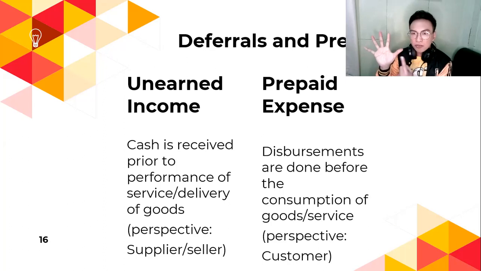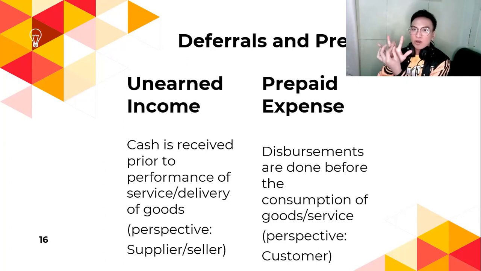Or nakapag-perform na si supplier sa atin ng service or naka-deliver na siya ng goods. And also, if you are the supplier naman, what if naka-deliver ka na ng goods or naka-perform ka na ng service kay customer? Yan na po yung nangyayaring mix na yung mga accounts.